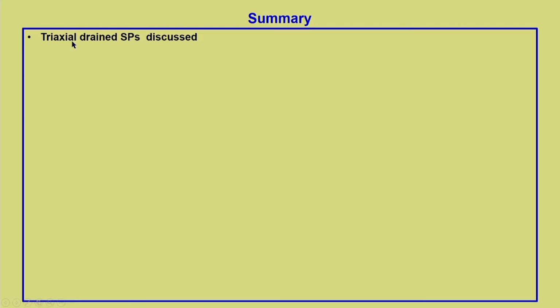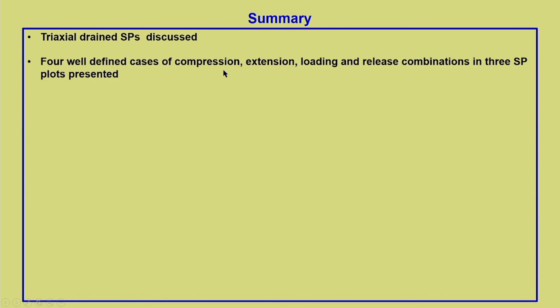Okay. So that's all about triaxial testing, drained case specifically. We have not talked about undrained now. So what we have learned in this lecture, let us summarize. Triaxial drained stress paths discussed, 4 well defined cases of compression, extension, loading and release combinations are discussed in 3 stress path plots.